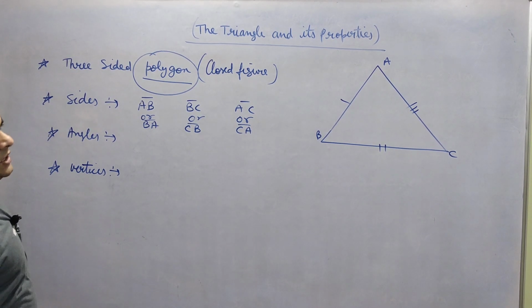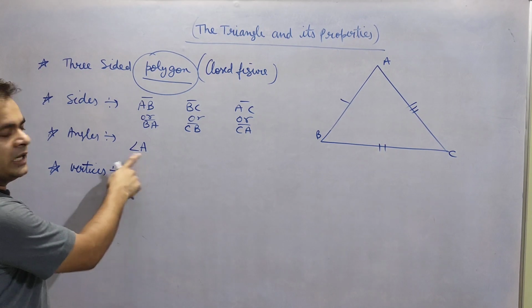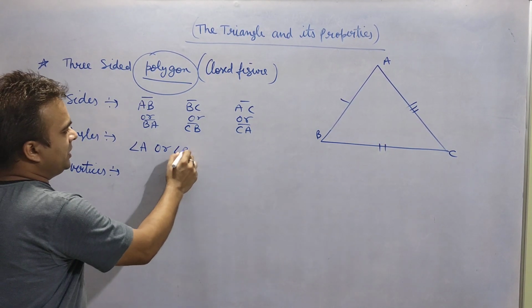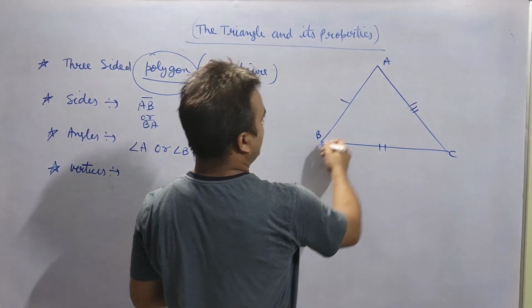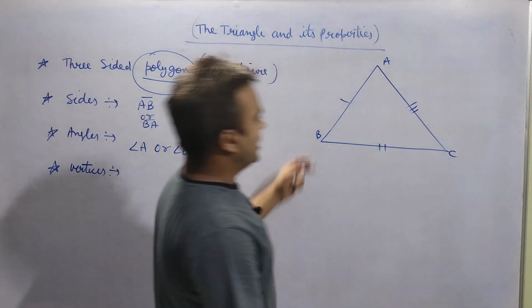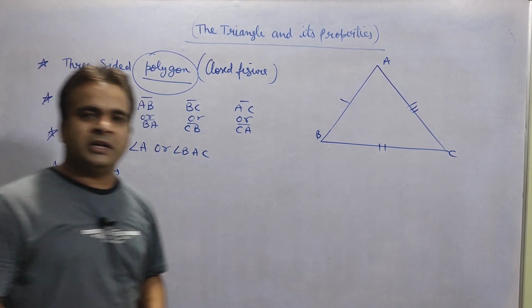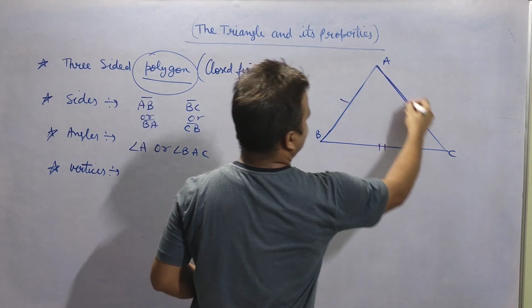Then how can we present angle A? For example, I am saying angle A, so this is the symbol of angle A, or I can represent it by angle BAC. If I just want to represent it perfectly, like where the angle is formed and what is the direction, so B and C will tell you the actual direction. Like the angle is formed by BA and AC.